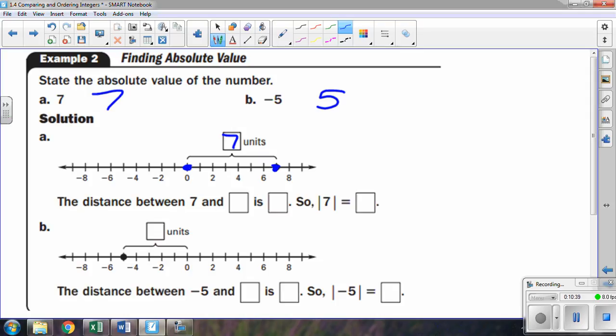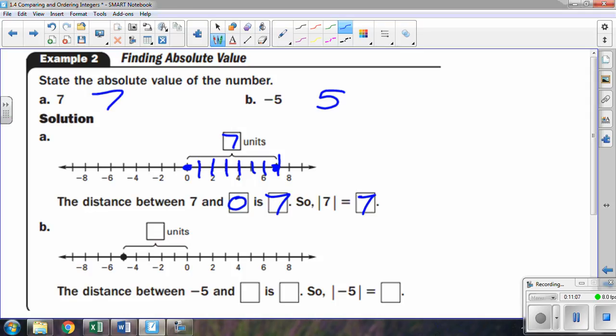When we actually count them out, we have 1, 2, 3, 4, 5, 6, 7 spaces, which is why they are 7 units apart. We're measuring and counting out the distance. That's what absolute value is. It's distance. We're noting then the distance between 7 and 0 is 7, so the absolute value is 7.